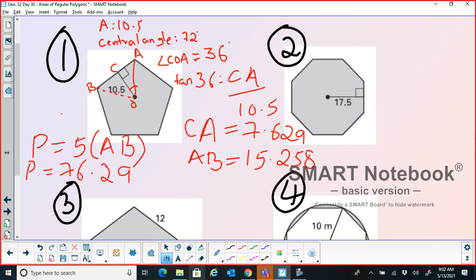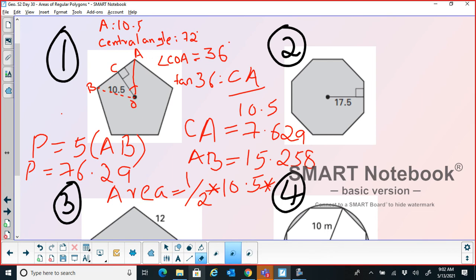And finally, I just need to find the area, which is going to be half of the apothem, which was 10.5, times the perimeter, which we have as 76.29, right?